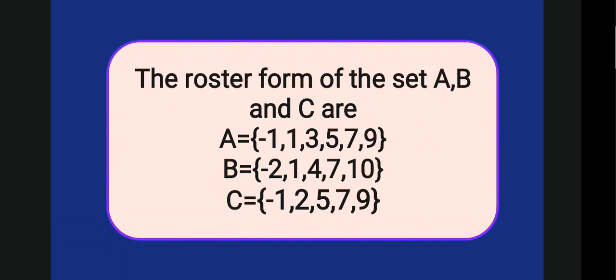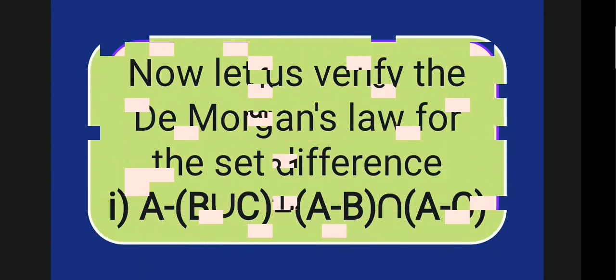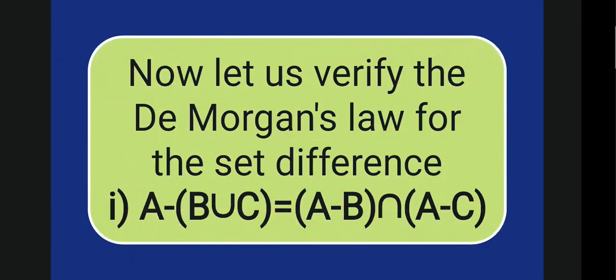And the roster forms of all the sets A, B, C are given. Now let us verify the formula: A minus (B union C) equals (A minus B) intersection (A minus C). See the left-hand side.